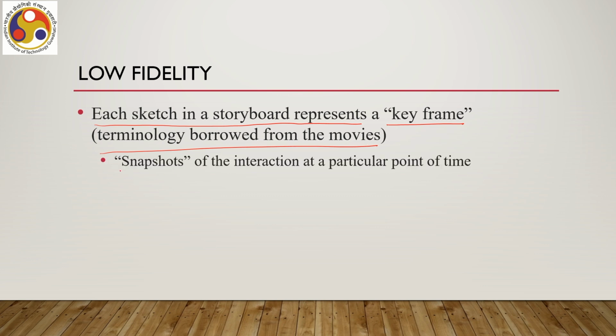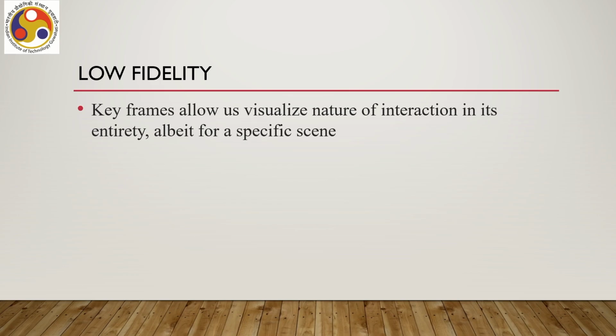Each keyframe is nothing but a snapshot of the interaction at a particular point of time. These keyframes allow us to visualize the nature of interaction in its entirety, but for a specific scene, that means a specific task and the corresponding scenes associated with the task.